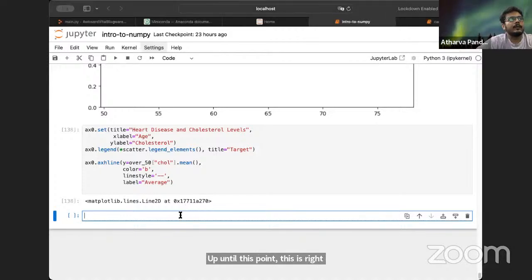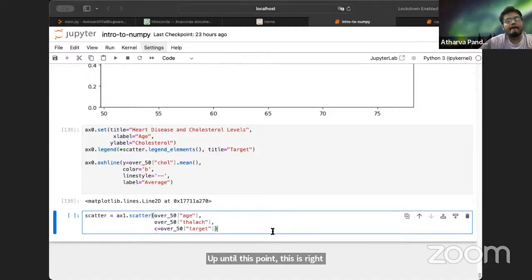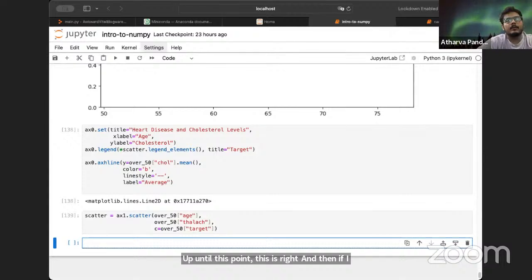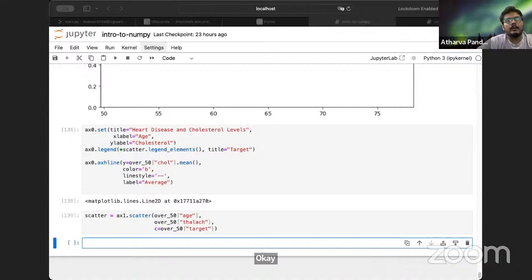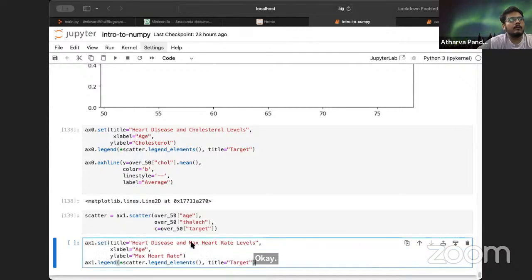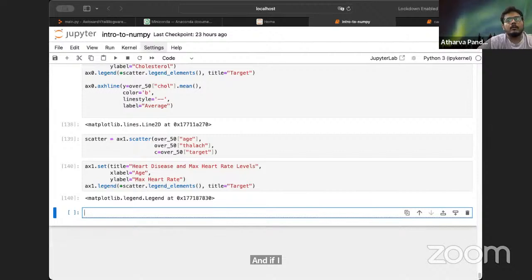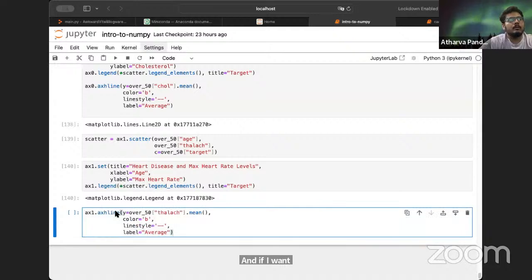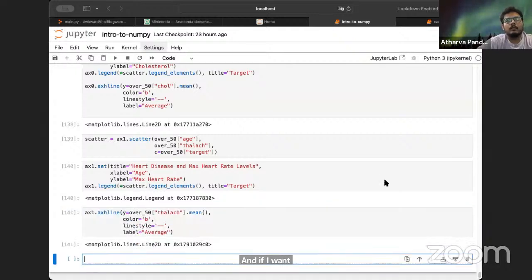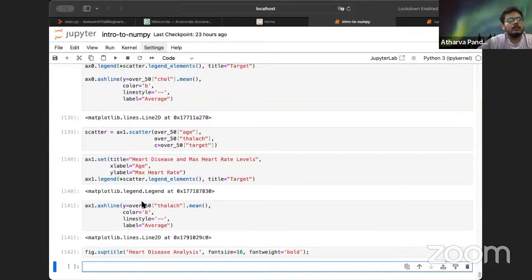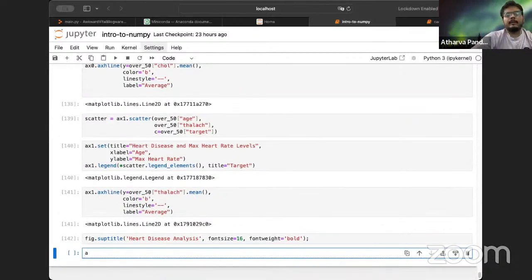And then if I want, and let's try to see.